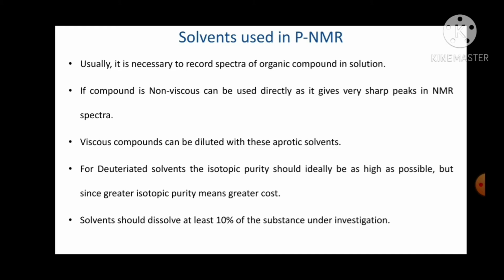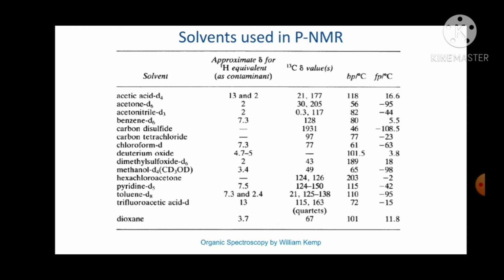If it is already liquid and not viscous, we can directly record it. If it is viscous, we need to dilute it, and if it is a solid, we have to use an appropriate aprotic solvent, usually the deuterated solvents, and then we can record an NMR spectrum. At least 10% of your analyte or sample should get into solution with this solvent.